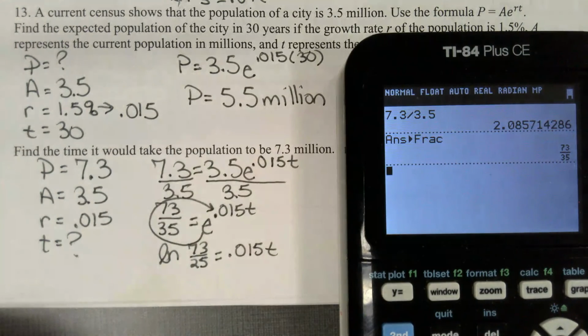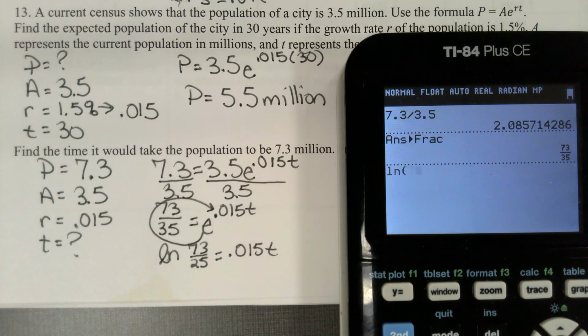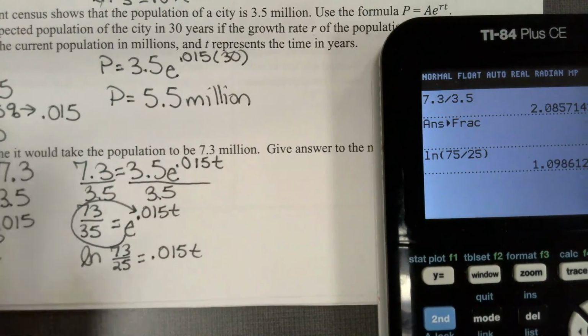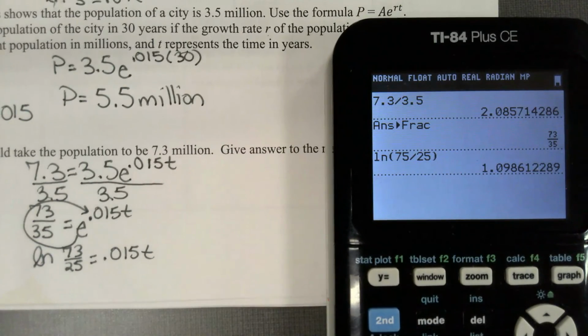0.015t is my exponent. So ln of 73 over 35, or you could have used the second answer there if you'd like. Now I have no option. And here's where I was talking about if it can be changed to a fraction, do it.